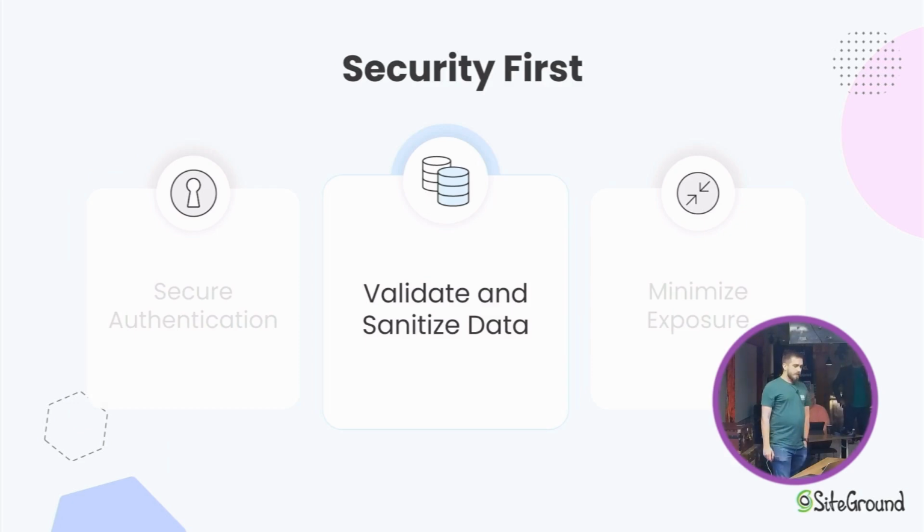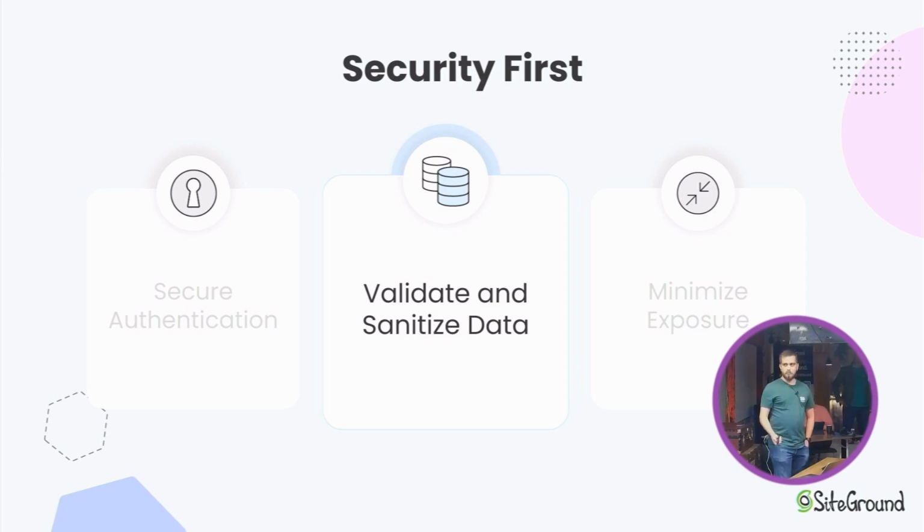Validate and sanitize data. This is something really crucial, again, when working with third-party APIs and with user content, especially in our case, since we are giving information to our API and we are receiving as well. So we always look into escaping every possible entry as we should.